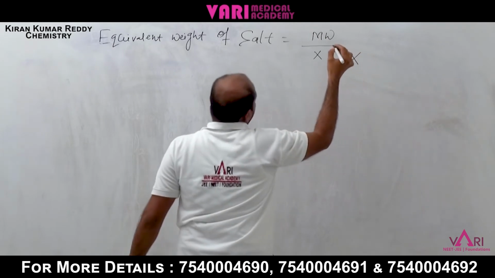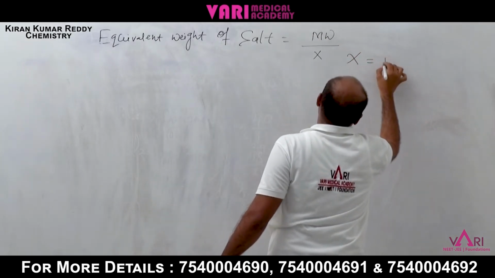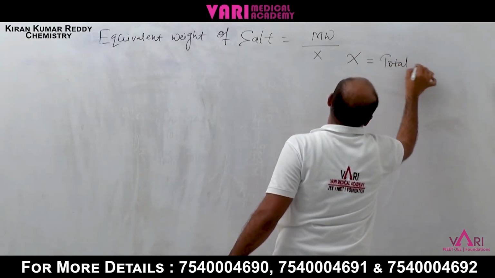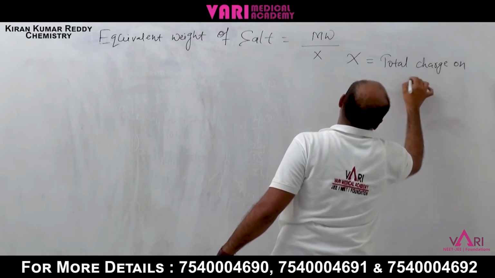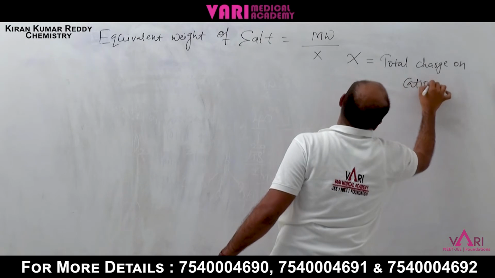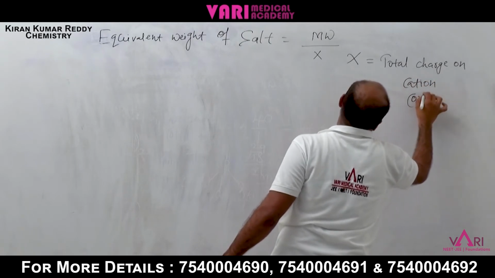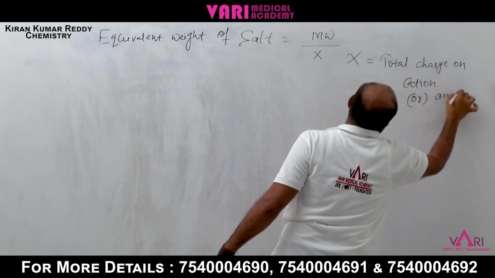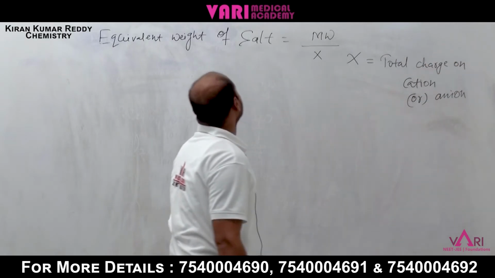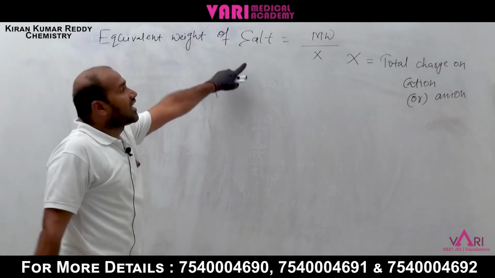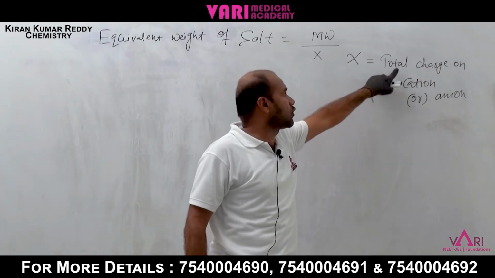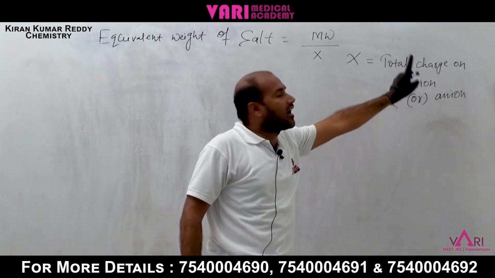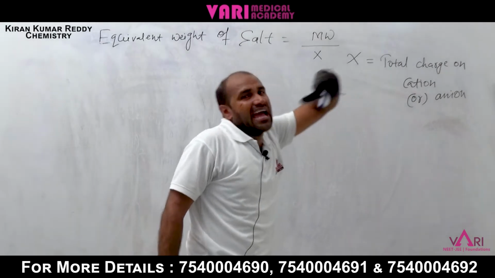X is equal to the total charge on the cation or anion, that is called X. Equivalent weight of salt is equal to molecular weight by X, where X means total charge on the cation or total charge on the anion.